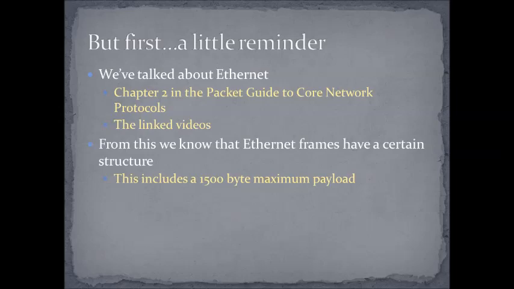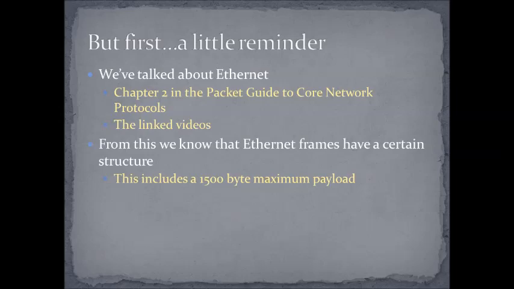But before we do, maybe a little reminder about some of our networking history or our networking protocols. We've talked about Ethernet before. I wrote about it in Chapter 2 of the Packet Guide to Core Network Protocols and, of course, in the videos that I've done on this channel. And from that information, we know that Ethernet frames have a certain structure.